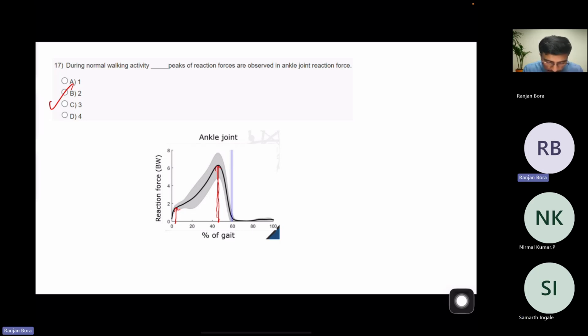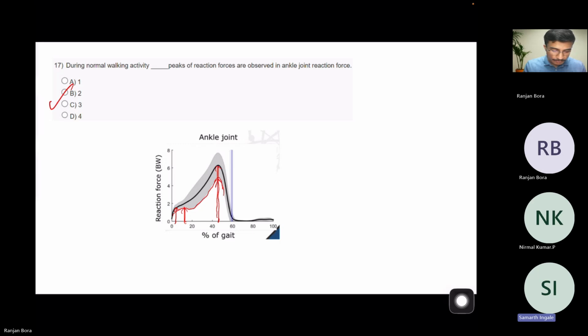Yeah, but if you see this lower limit plot, here we are clearly seeing one peak, then here we are clearly seeing another peak.